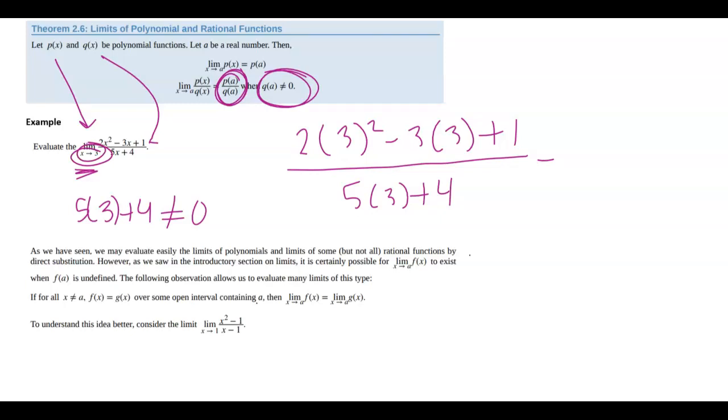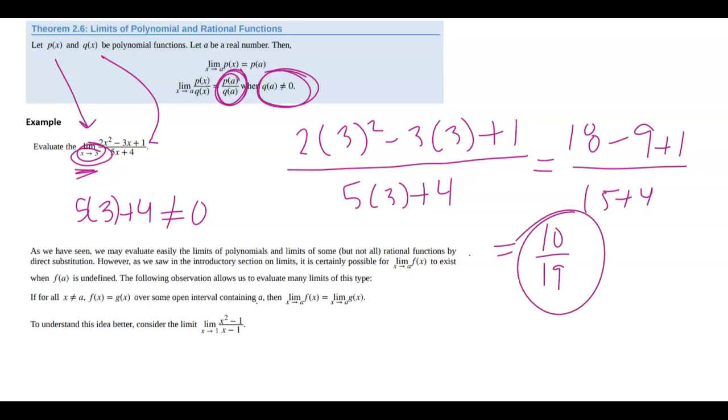All right, 2 times 9 gives me 18, minus 3 times 3 is 9, plus 1, over 15 plus 4. And so I end up getting 10 over 19. I'm going to just leave it like that. There's no way to simplify that, and I'm not going to worry about doing decimals or anything like that. I'm just going to leave it and we are good to go here.